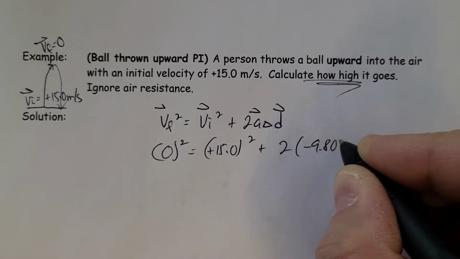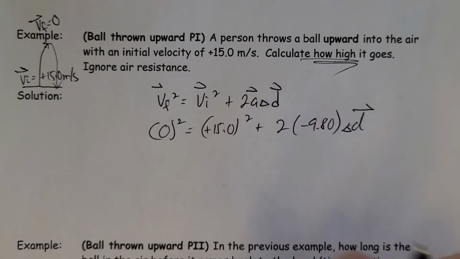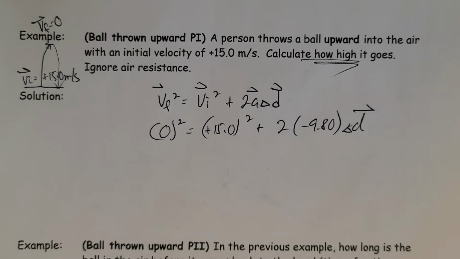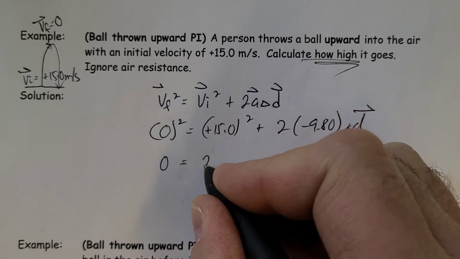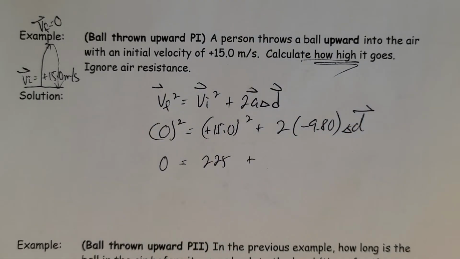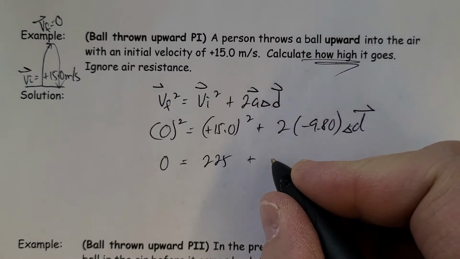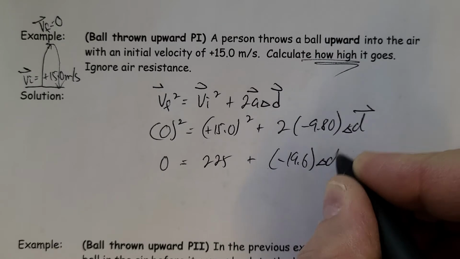Negative 9.8 is my acceleration, and I'm looking for the delta D. So 15 squared, if we figure out what that is, that's what, 225? And then 9.8 multiplied by 2, that's negative 19.6 times D.